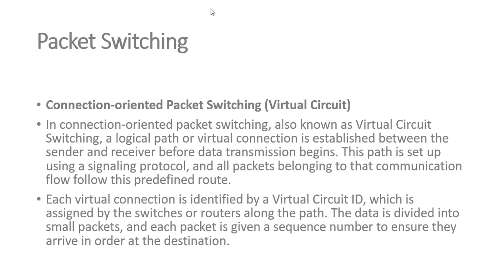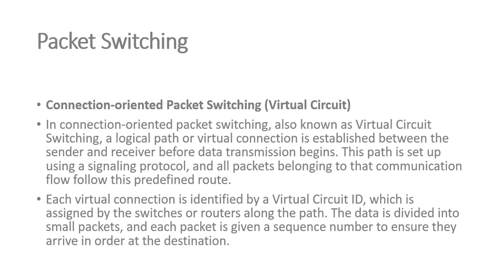We have the types of packet switching, that is virtual packet switching. It is connection oriented, where we establish a connection. Virtual means not real. For a temporary purpose, a connection is established between the sender and the receiver, and the path is set up using a signaling protocol. All packets that belong to it follow the same route, a predefined route that has already been defined.